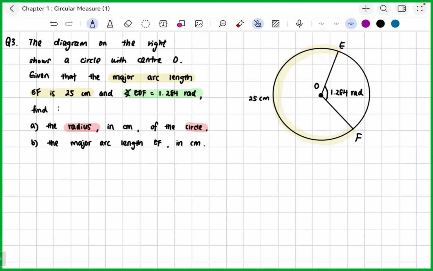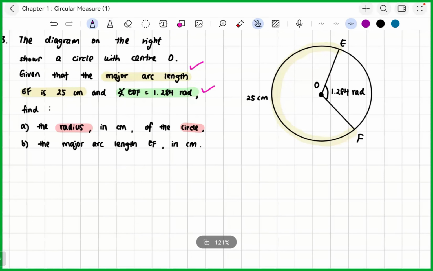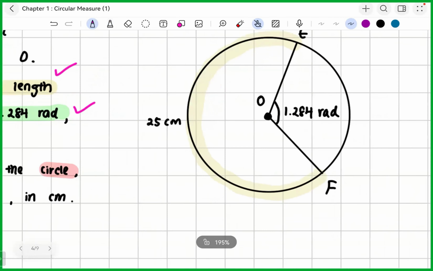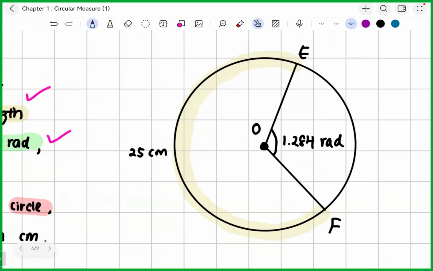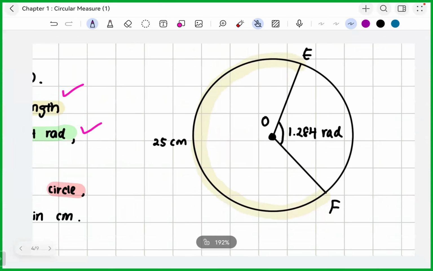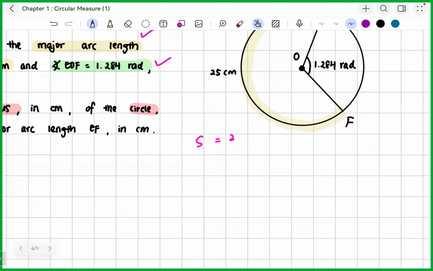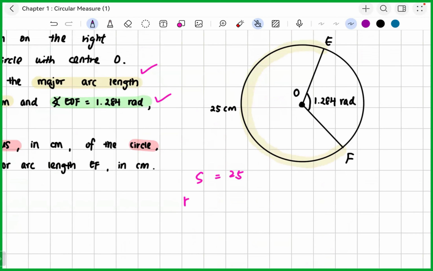The question provides us the arc length and also the angle, but this is the point where a lot of students make mistakes. The student will straight away write arc length equals 25, radius as r, and theta is 1.284.